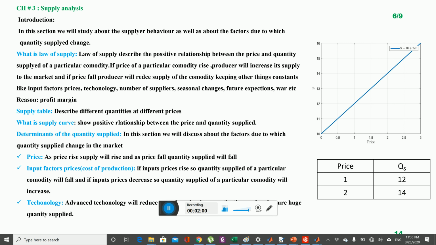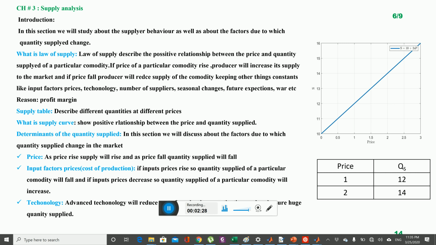The prices of raw material, energy and transportation cost are the same, but the price of the commodity in the market increases, so the profit margin for the producer increases and the capacity of the producer to produce more increases.